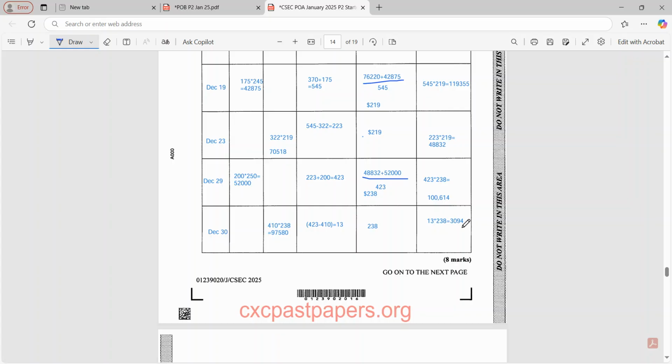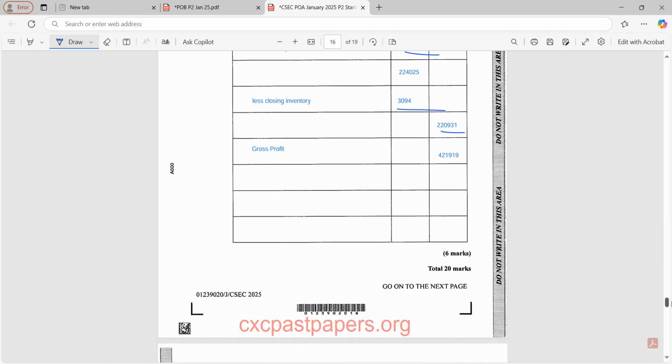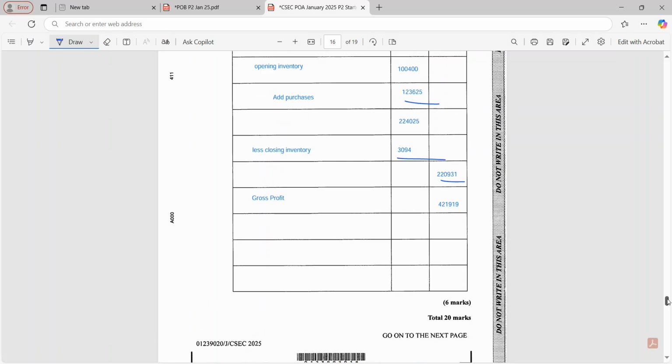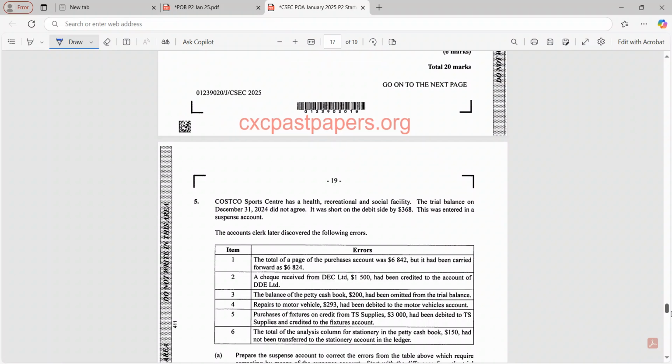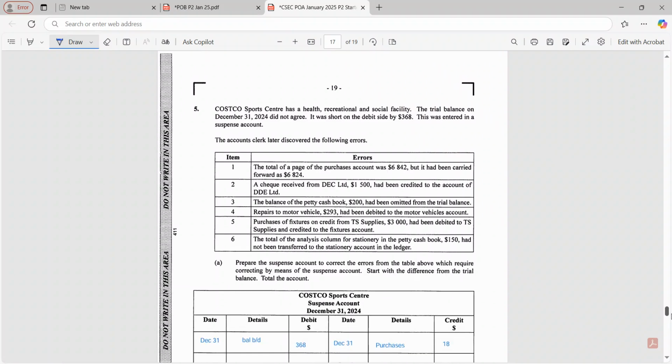We got $3,094, right? And when we less that, we get 220,931. So we minus our cost of goods sold from our income, and that gives us our gross profit of 421,919.